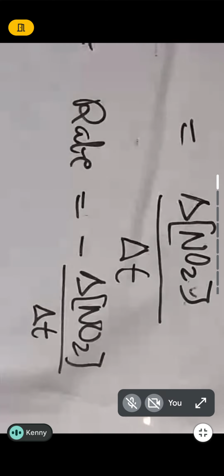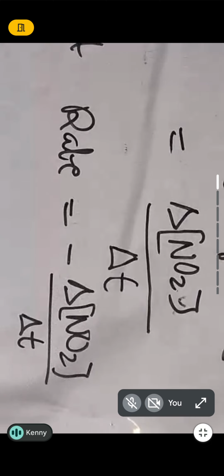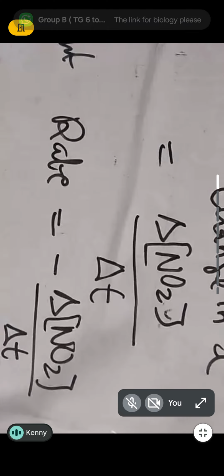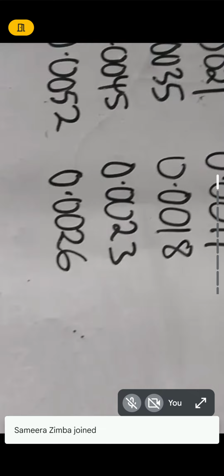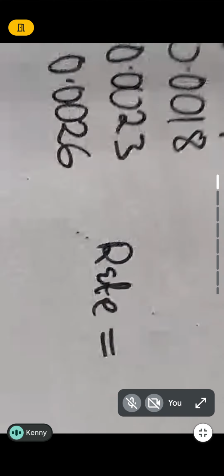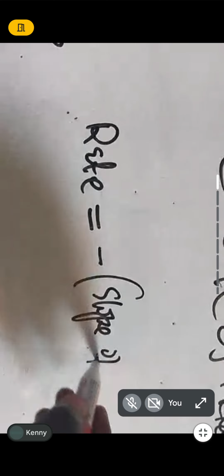Rate is equal to negative delta NO2 over delta T. So now it means that rate is equal to negative slope of the tangent line.